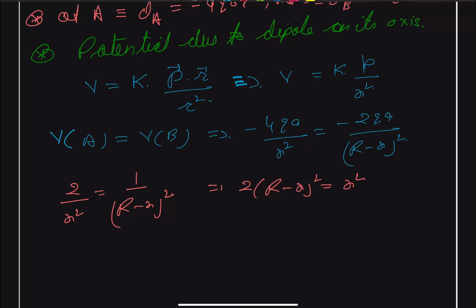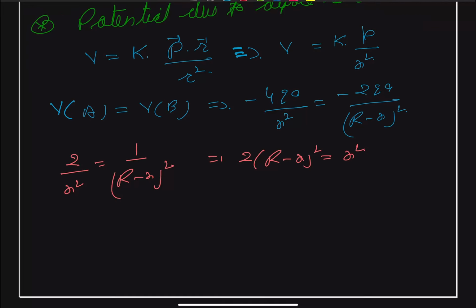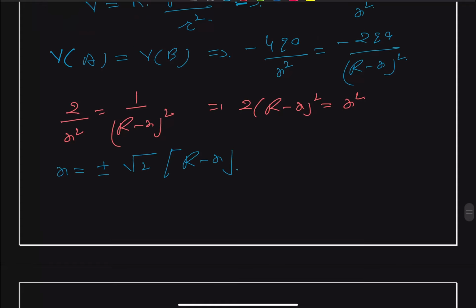So from here we can say that our x will be equal to plus minus square root of 2 times R minus x. So we have two solutions. One solution is x is equal to plus square root of 2 times R minus x, which can be written as square root of 2 multiplied by R minus square root of 2 multiplied by x.